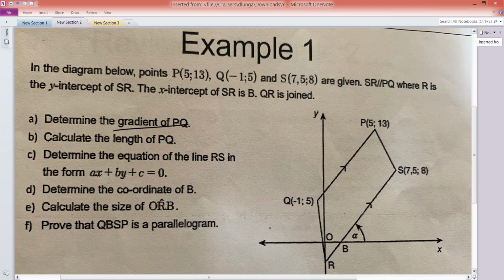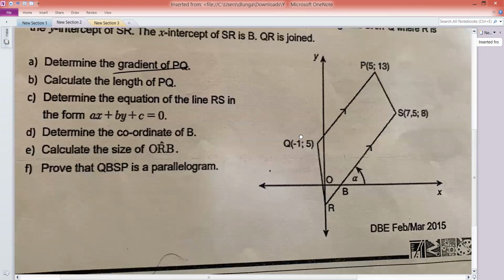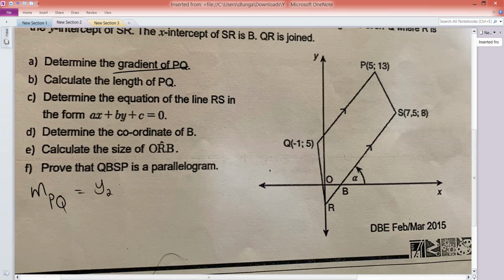By now we should all know how to do gradient. From P to Q, we do that gradient. So m_PQ equals (y2 minus y1) over (x2 minus x1). 13 minus 5 and 5 minus -1, which ends up as positive.